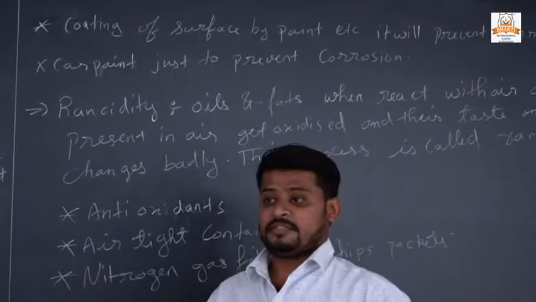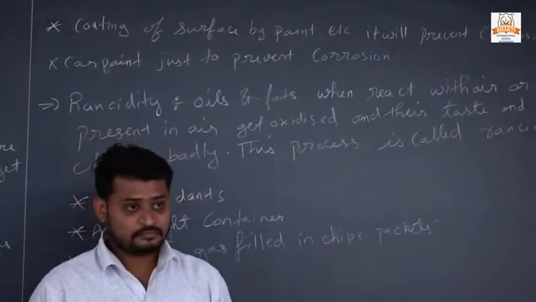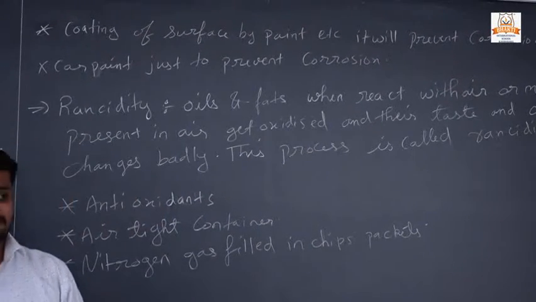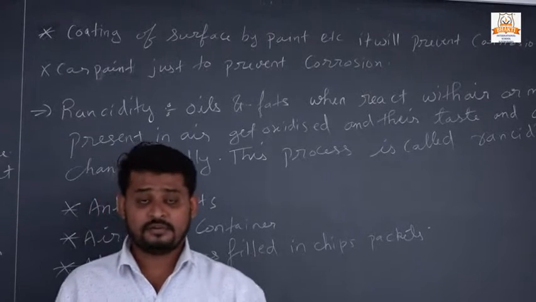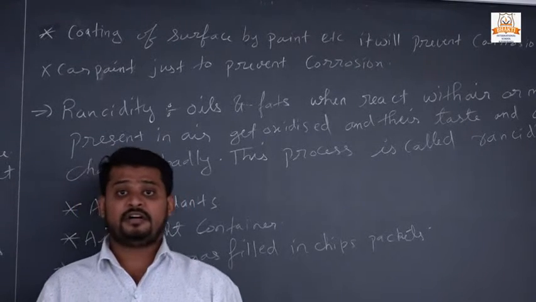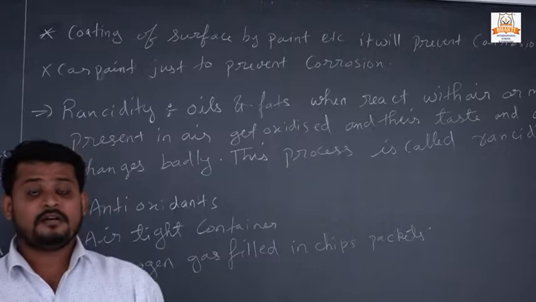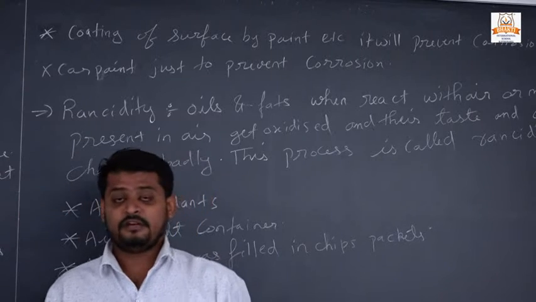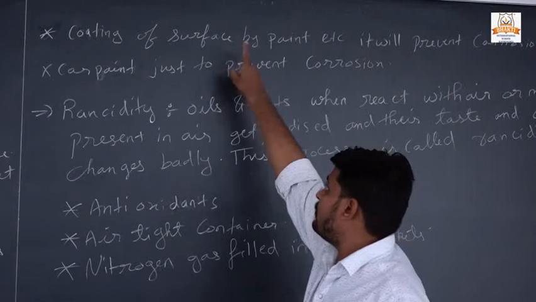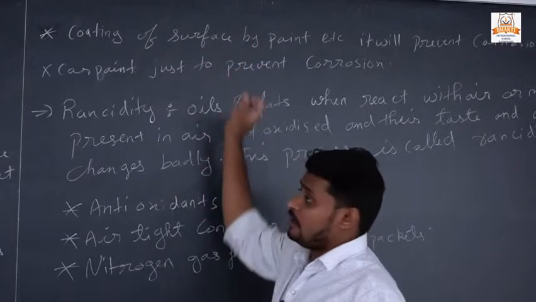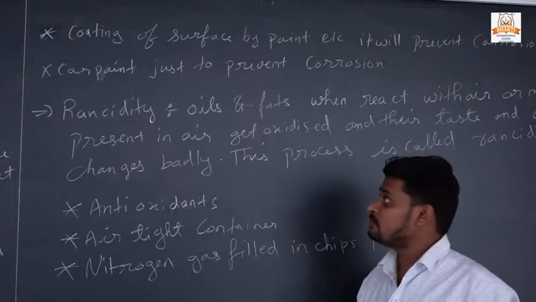Another, how to prevent corrosion. Where you all see, when we are purchasing iron for making gates and windows, what do we do? After purchasing iron, we coat the whole windows and doors with color. We paint that.